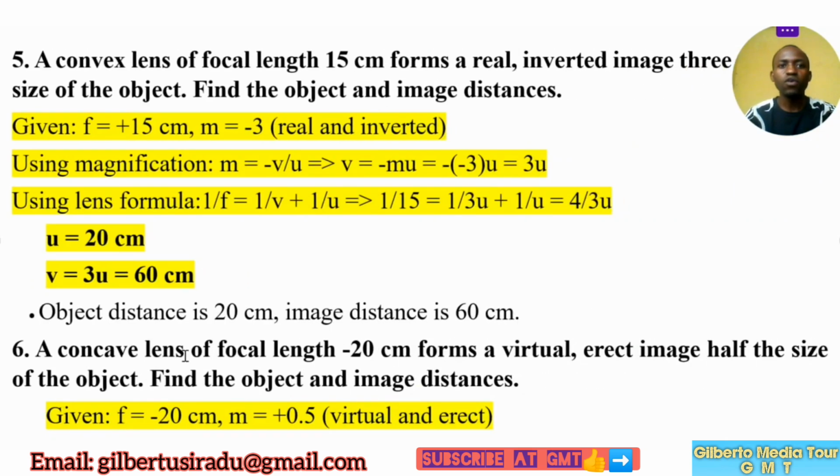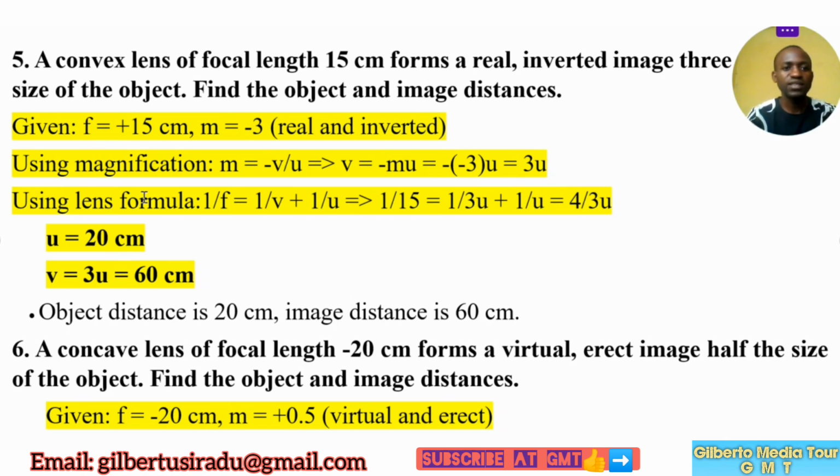A convex lens of focal length 15 centimeters forms a real inverted image 3 times the size of the object. The image is 3 times higher than the object, which means there is magnification. Find the object and image distances.